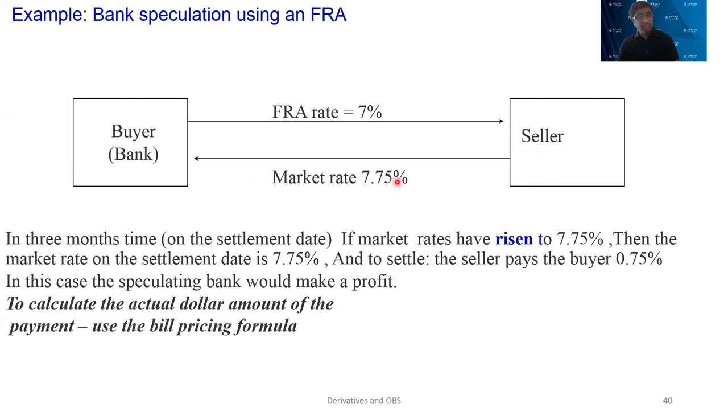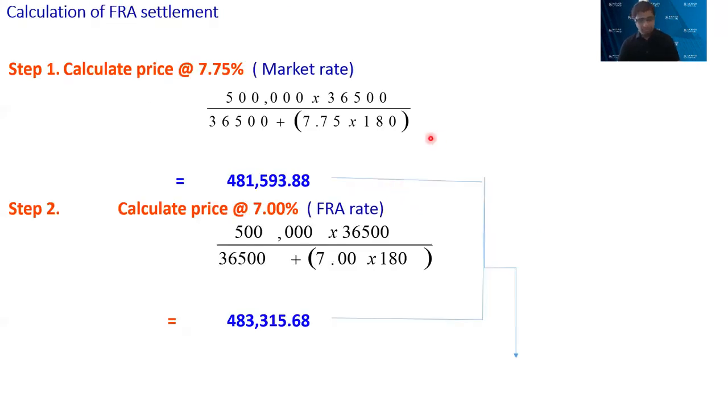It increases, which means when the contract matures after 90 days, 180 days, it's 7.75. As you can see, there must be a settlement. And because there is a rise, the seller will compensate the buyer.